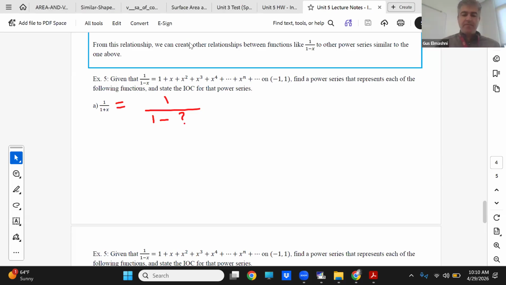The goal is to rewrite the expression as 1 over 1 minus something.